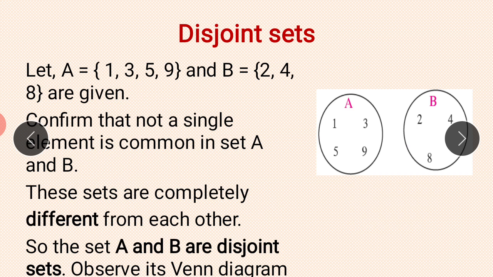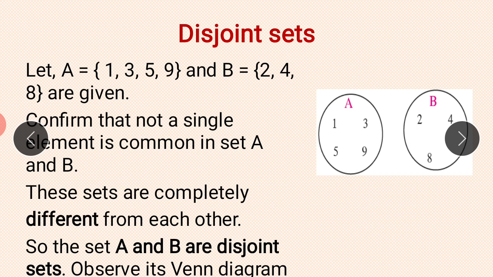Confirm that not a single element is common in set A and set B. Is any number common in these two sets? No, not one number. Then these sets are completely different from each other, and so the set A and set B are disjoint sets.